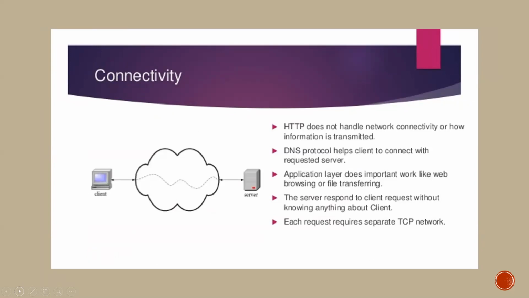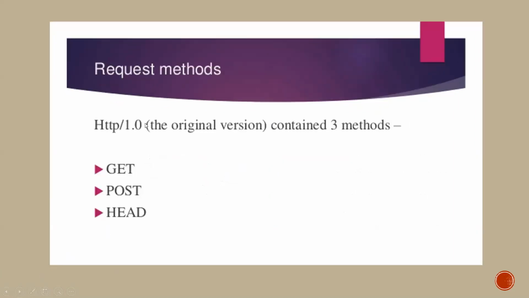The server responds to a client request without knowing anything about the client. Each request requires a separate TCP connection. So whenever there is a request, it requires a separate TCP connection. Request methods: HTTP 1.0, the original version, contained three methods: GET, POST, and HEAD. These are the three types of methods that are available.